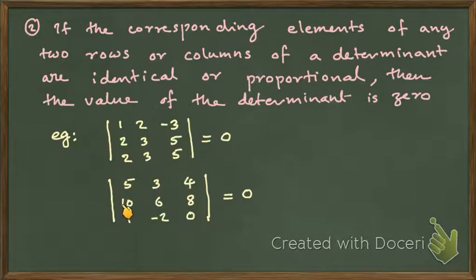The elements are proportional, one row is a multiple of the other, so the determinant value is 0. It's also applicable to columns. So if any two rows or any two columns of a determinant are identical or proportional, the value of the determinant is going to be 0.